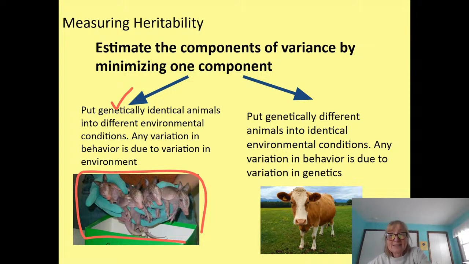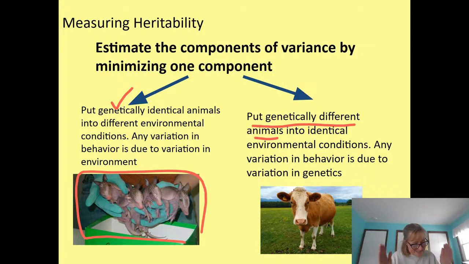Take some genetically different animals, a whole bunch of different cows, and put them in identical conditions. Raise them with exactly the same diet, the same conditions in the day, when you go out to pasture or when you come back in, when we milk you, the exact time of day. We're not going to change any of that.